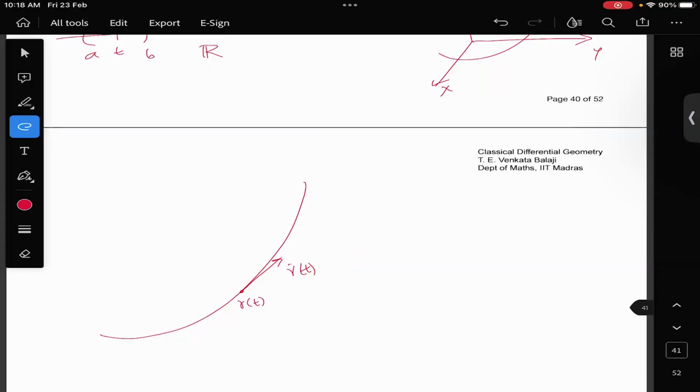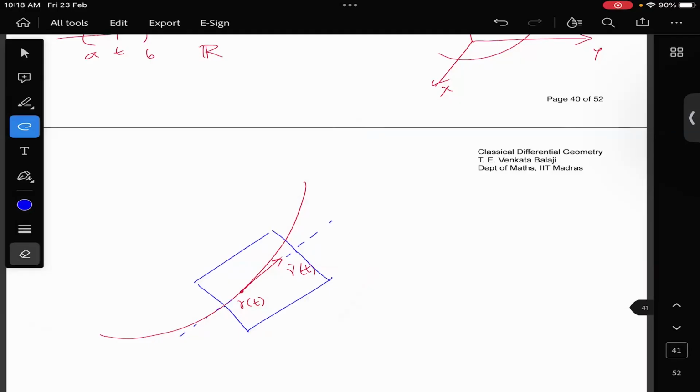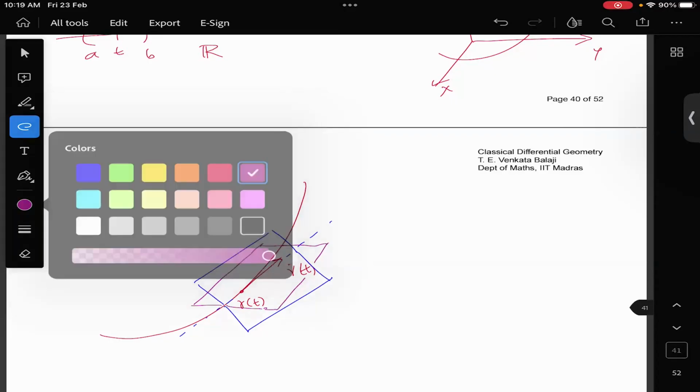Now through this point, there are many tangent planes. After all, if you give me a line in space, there are an infinitude of planes that contain that line. So let me try to draw a picture. I can have a plane like this, and then I can have another plane.